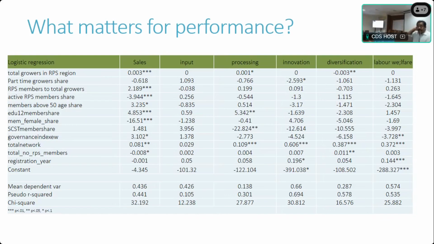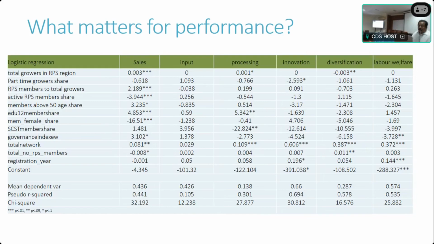And the next one is even more interesting: if the share of active members within the RPS is higher, then the probability of the RPS being involved in sales is actually lower than if you have fewer active members. I'm not able to explain clearly why this particular item is there.